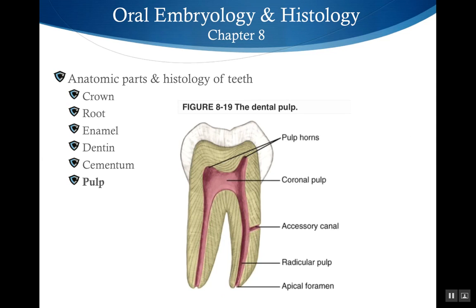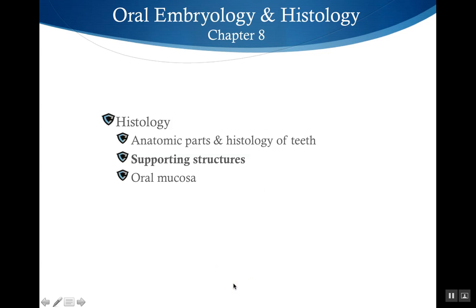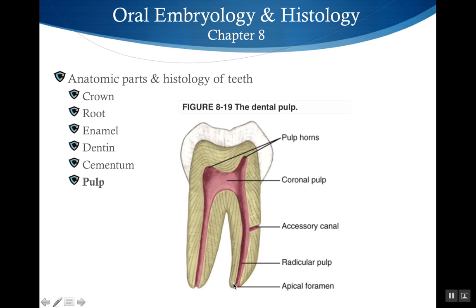Let's go to this next picture here. You can see the pulp horn a little bit better in this picture. You can also have little accessory canals that come off of the pulp, and you can see that apical foramen there. So as decay progresses, it goes through the enamel, then through the dentin, and again we said it travels quicker through the dentin than it did the enamel, because the dentin has more organic composition than the enamel.